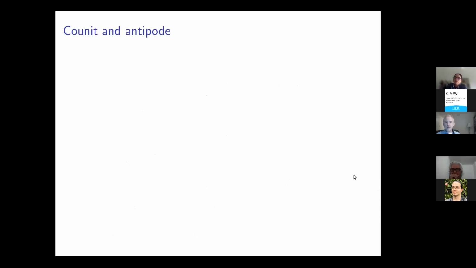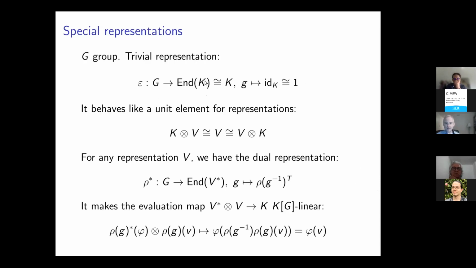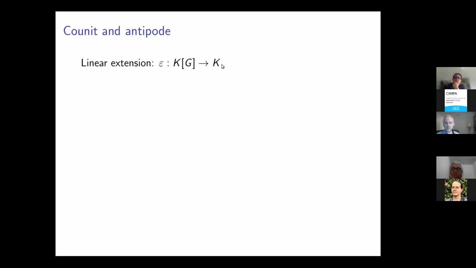Okay, and now this is being reflected in special morphisms, which I have on the group algebra. First of all, this map epsilon that we saw over here, this map from G to End K, extends linearly to the whole group algebra. So it's given on basis elements already, and I just extend it linearly. And what is the property then?